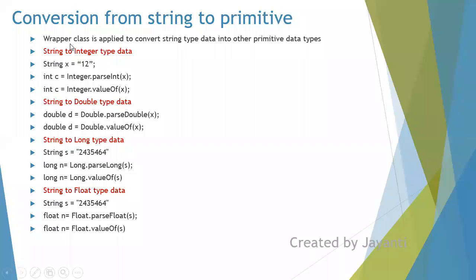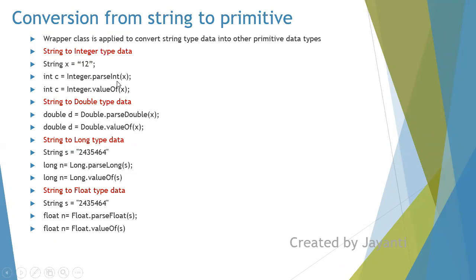In Double also you have valueOf, in Long also you have valueOf, and Float also has valueOf. So the valueOf function is common for all the wrapper classes. So if you write valueOf, there is no problem, or else you write parseInt.